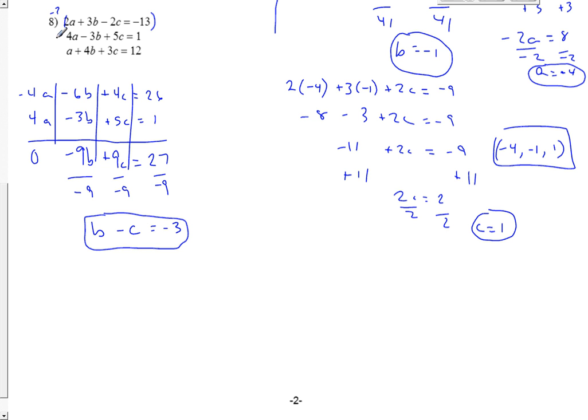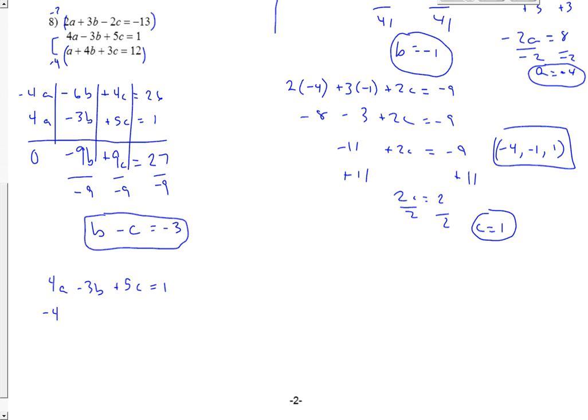Now, if I look at the second and third equations, or you could do the first and third, it doesn't matter. But I'm going to multiply this by negative 4 so that I can eliminate the a term. That will give me negative 4a with the positive 4a. So down here, I'm going to have 4a minus 3b plus 5c equals 1.